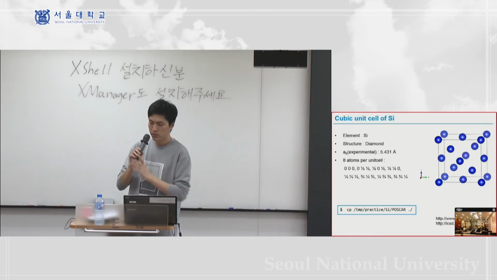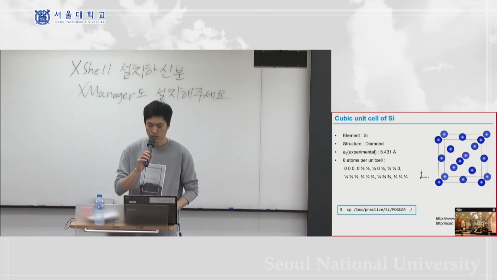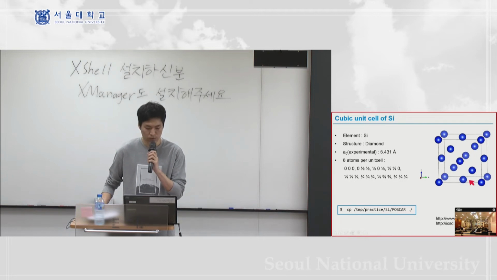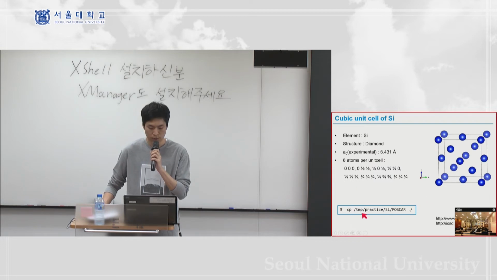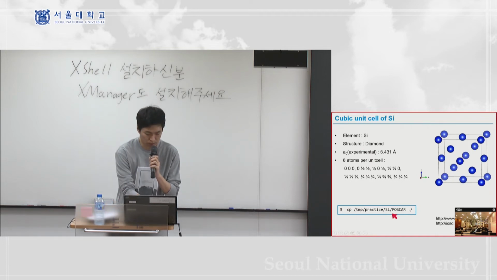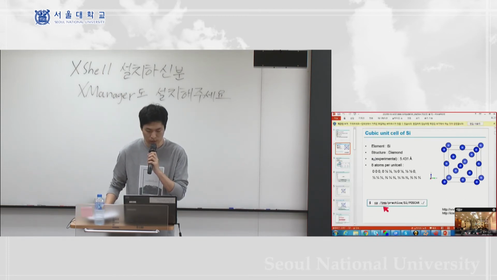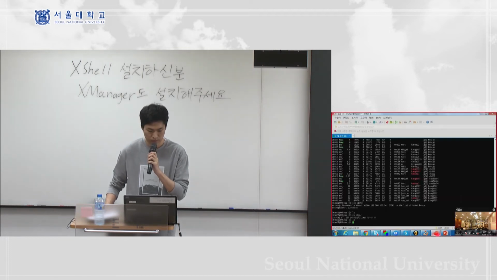So we will first do some calculations on silicon. So this is the unit cell of silicon. So there are 8 atoms per unit cell. The diamond structure, and we have prepared the POSCAR for this silicon in this directory. So you can write this cp command to copy this POSCAR into the current directory.